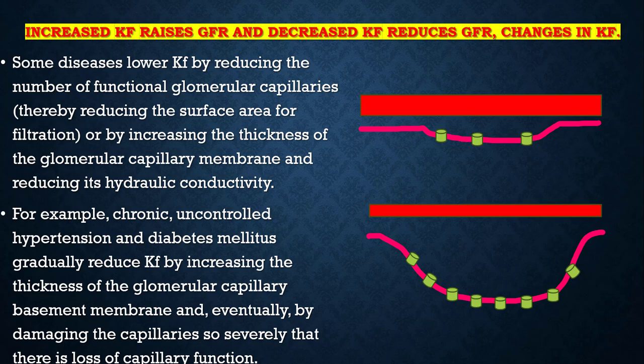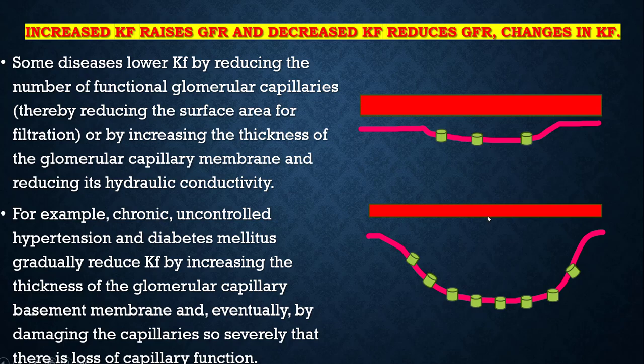For example, chronic uncontrolled hypertension and diabetes mellitus gradually reduce Kf by increasing the thickness of the glomerular capillary basement membrane and eventually by damaging the capillary so severely that there is loss of capillary function.